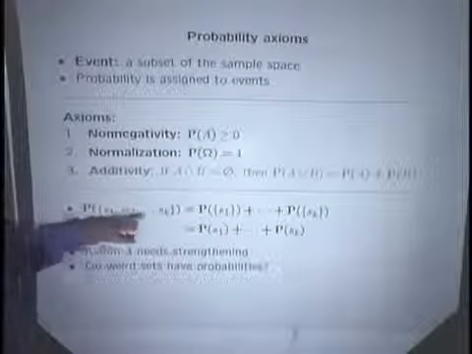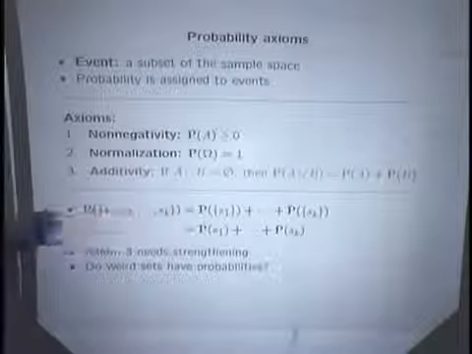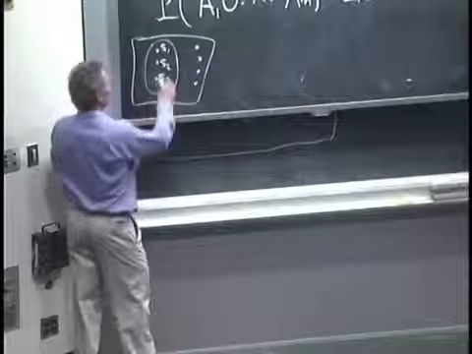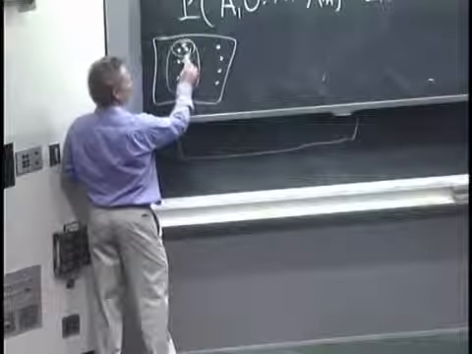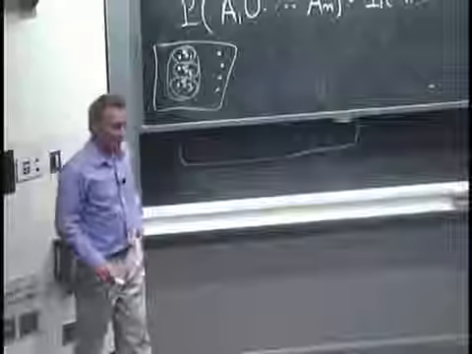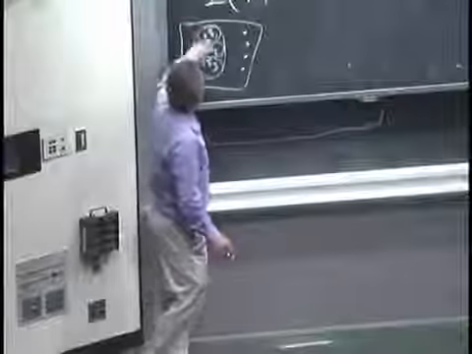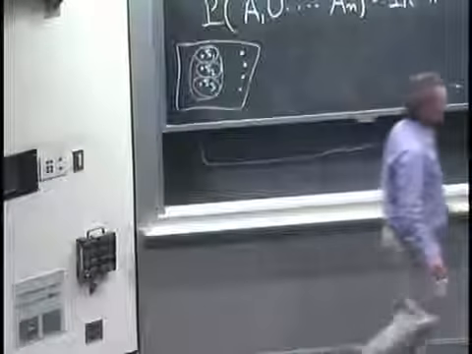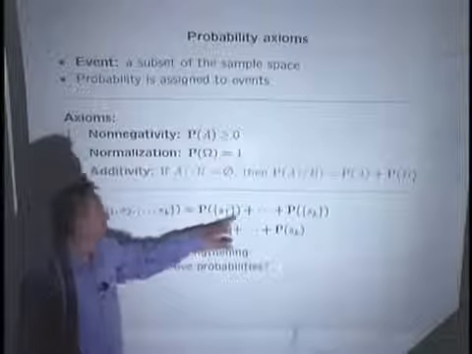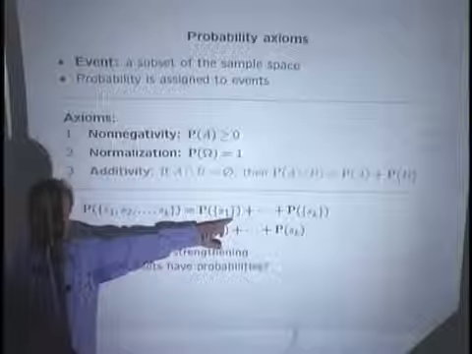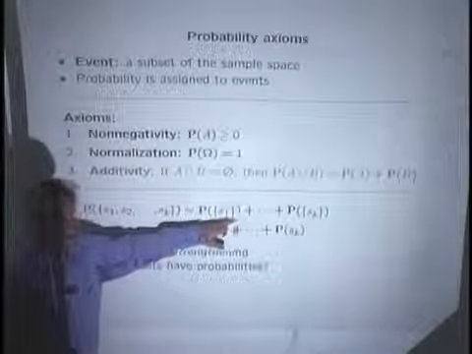Now, a finite set, I can write it as a union of single element sets. So this set here is the union of this 1 element set together with this 1 element set together with that 1 element set. So the total probability of this set is going to be the sum of the probabilities of the one-element sets. Now, probability of a one-element set, you need to use the brackets here because probabilities are assigned to sets.